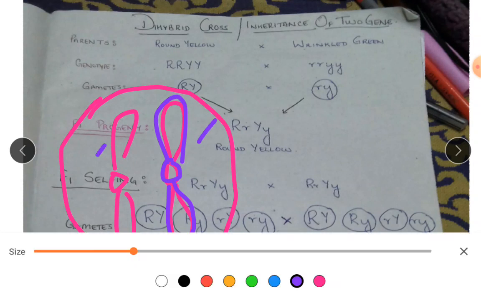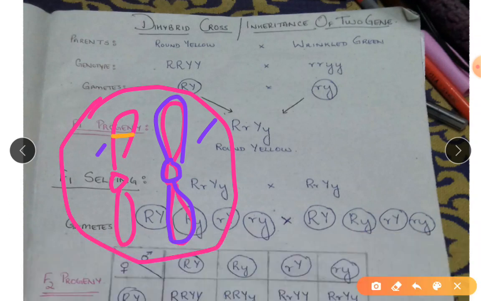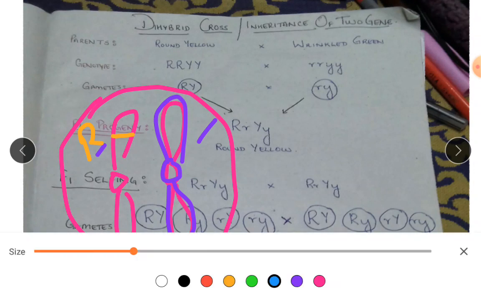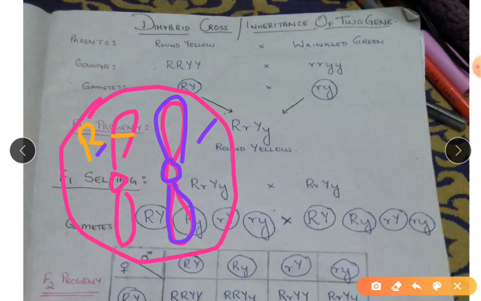So it has R over here, and Y over here. This is in diploid state, remember. So when gamete formation occurs, what happens?